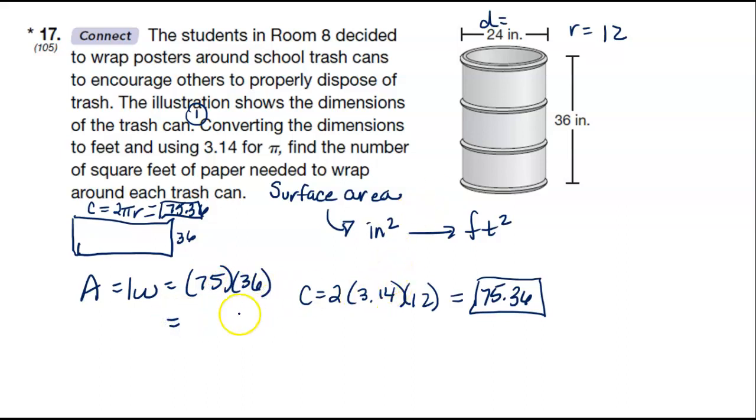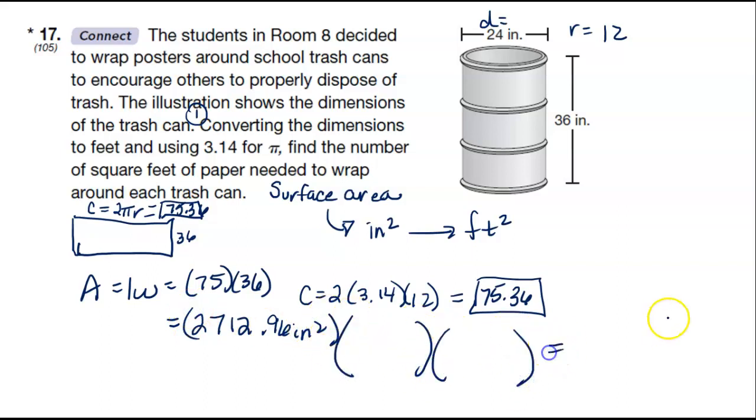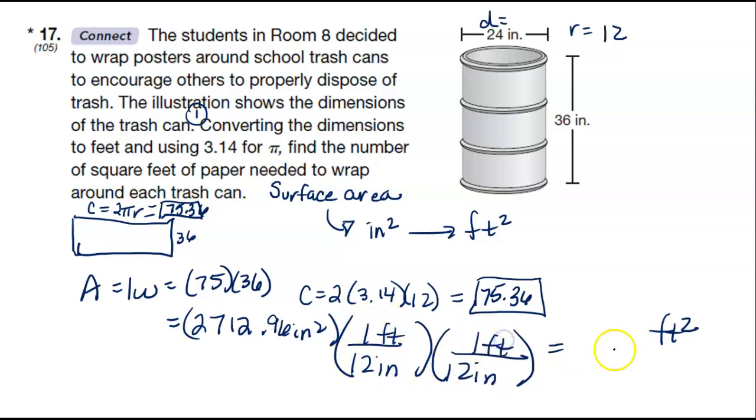And I get 712.96 inches squared. And then I have to convert this. To convert from inches squared to feet squared, I need 2 unit multipliers. So I know it's 12 inches per 1 foot, 12 inches per 1 foot, and that will give you your answer.